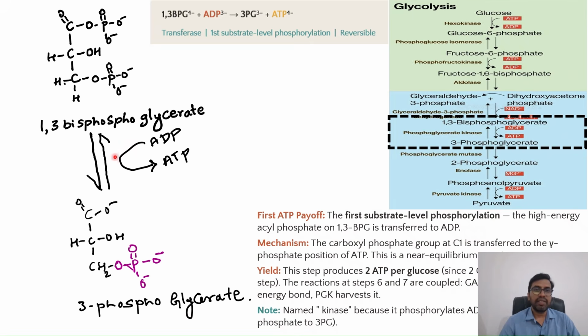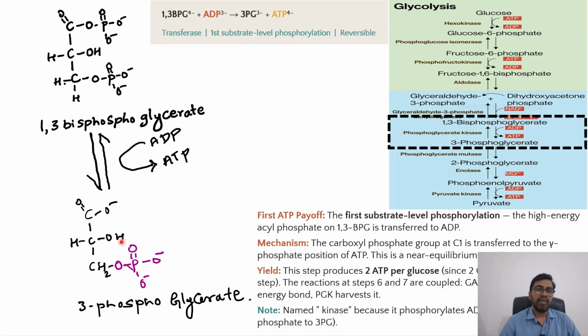Again, this reaction is also highly reversible. This is because the difference between the delta G value of the substrate and the product is very low. Because of this small difference, the reaction becomes highly reversible, and because the energy difference is low, the reaction can flow in any direction.